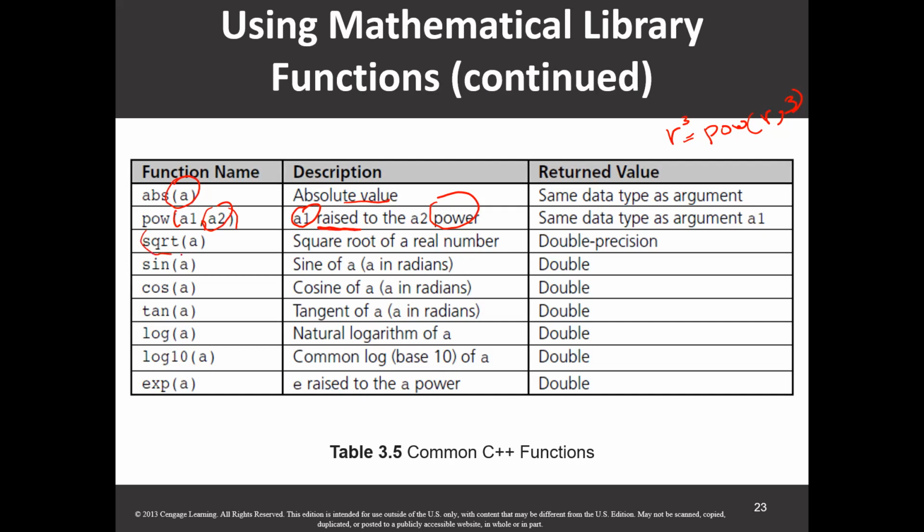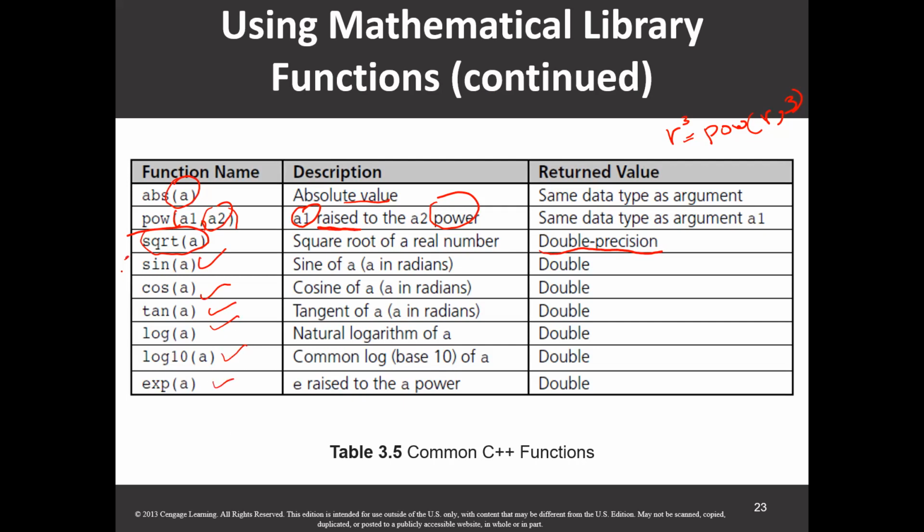SQRT is the square root. It's always going to give you a double number. Sine, cosine, tan, log 10 and raise to a power are all known.